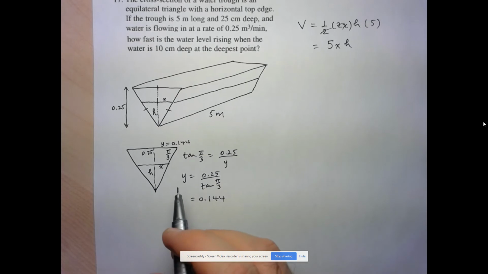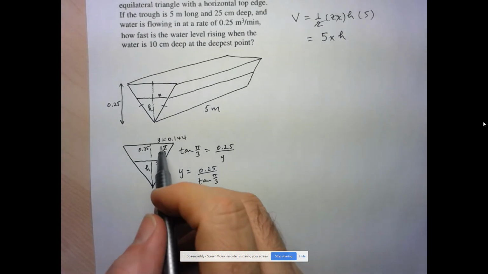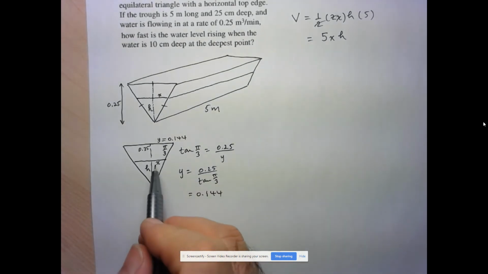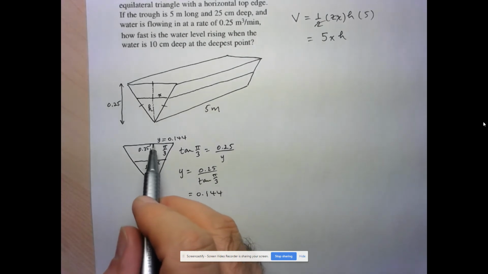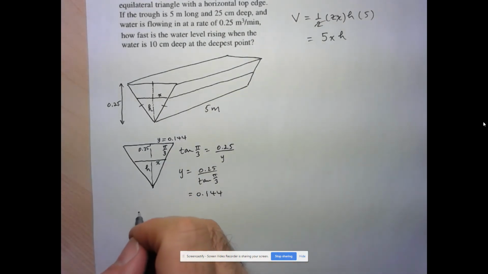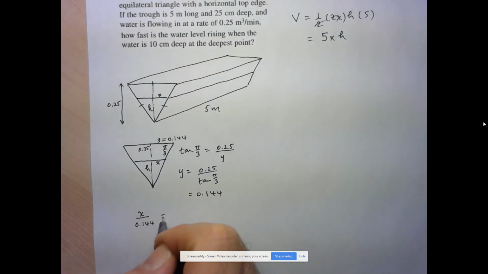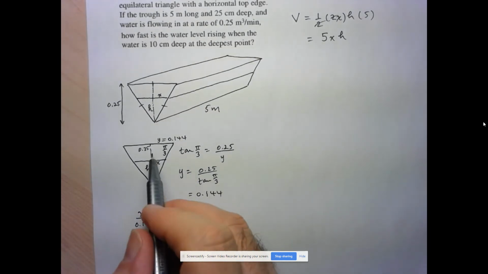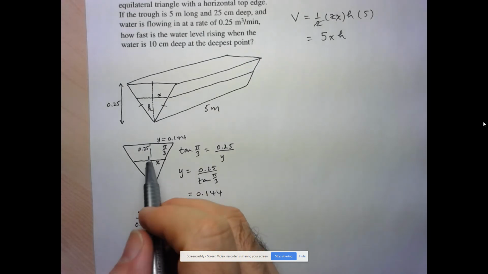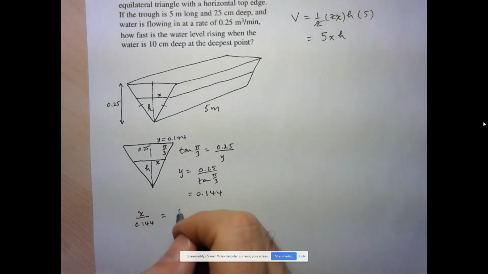So now I can set up a proportion with my similar triangles. I have X over its corresponding side of 0.144 is going to be equal to H over its corresponding side, which is this whole length here, which is just 0.25.